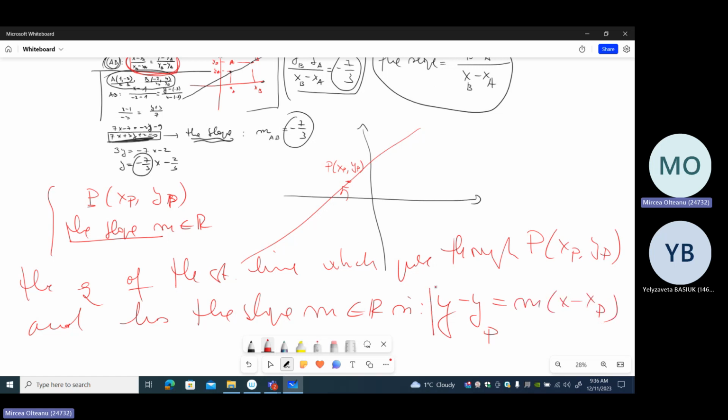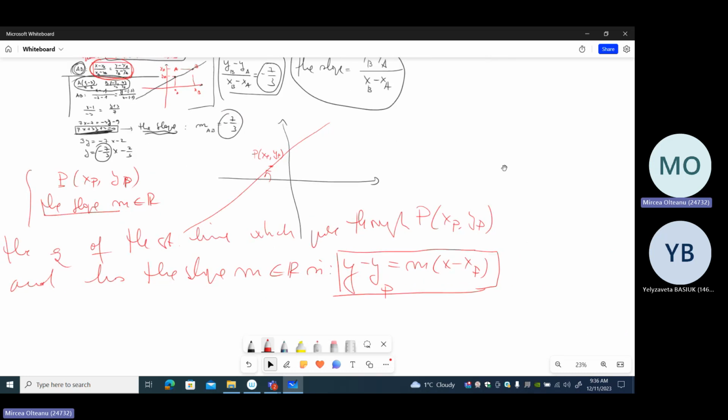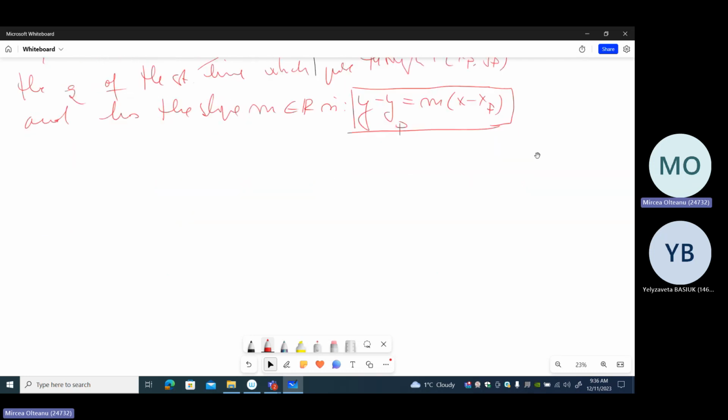Again, the formula can be proved in a very, very simple way. But it's important. We must know it. So now a short revision of what we learned about straight lines. Yes, I will make a resume.